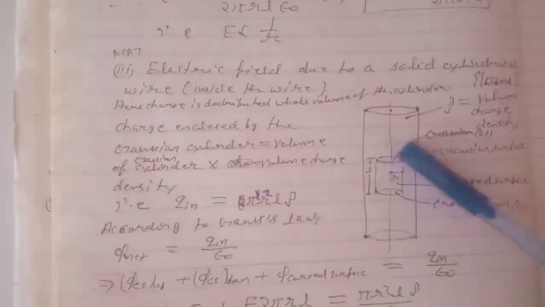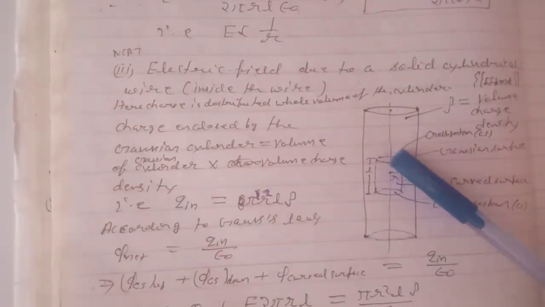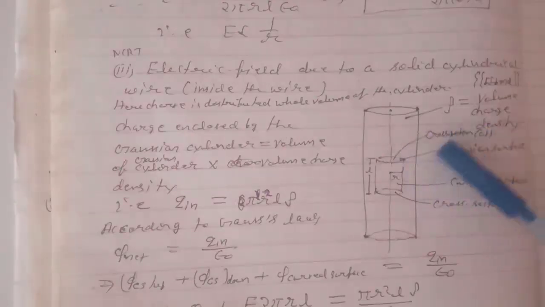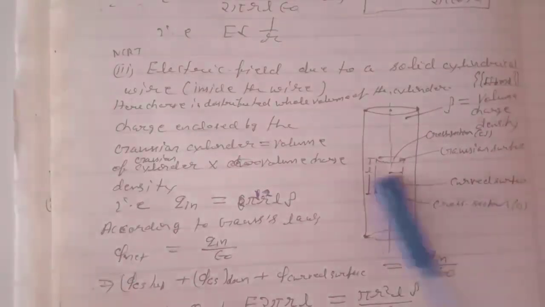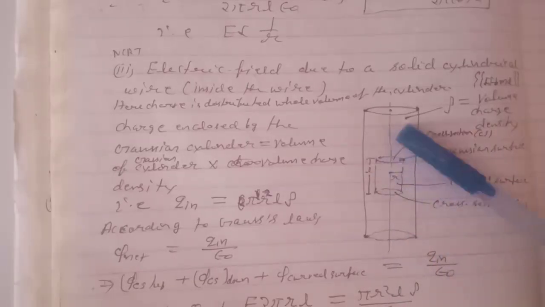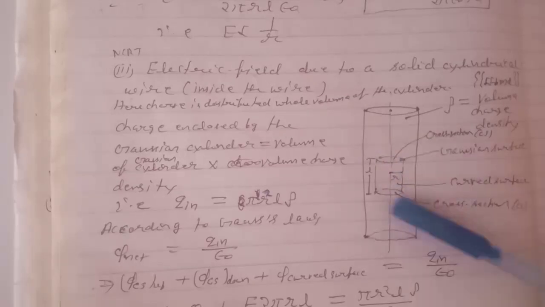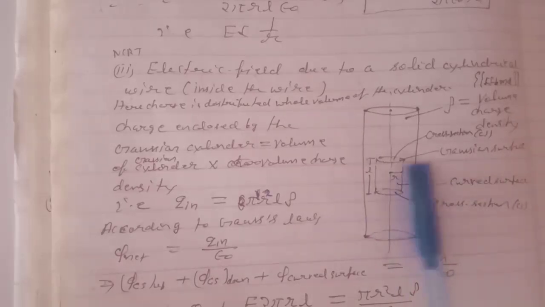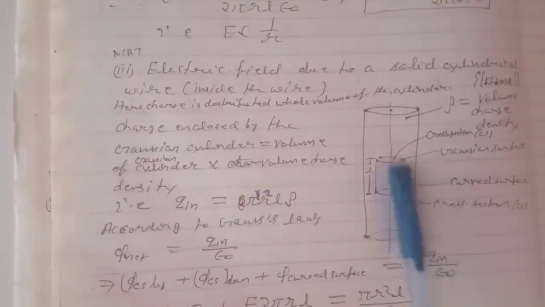So the electric flux from the up cross section will be 0, and similarly the electric flux from the down cross section will be 0, but the electric flux from the curved surface will be E into 2 pi r L, because E is equal at a distance r from the axis everywhere.